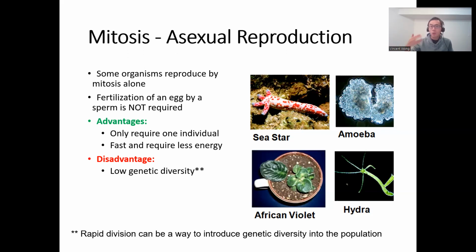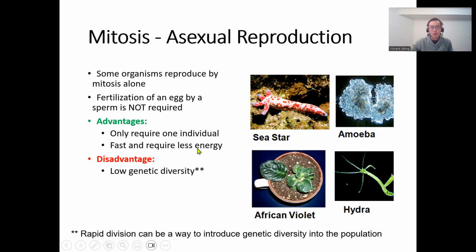They essentially clone themselves. So the advantage is you don't need to find a partner. It's hard to find a partner in, say, the ocean, right? Like how do you even bump into another whale or something? It takes time, right? For some organisms, it's really hard to find a partner, so it makes sense to do this kind of reproduction.